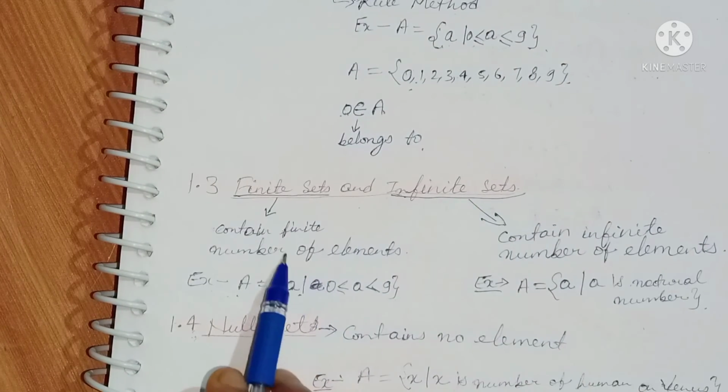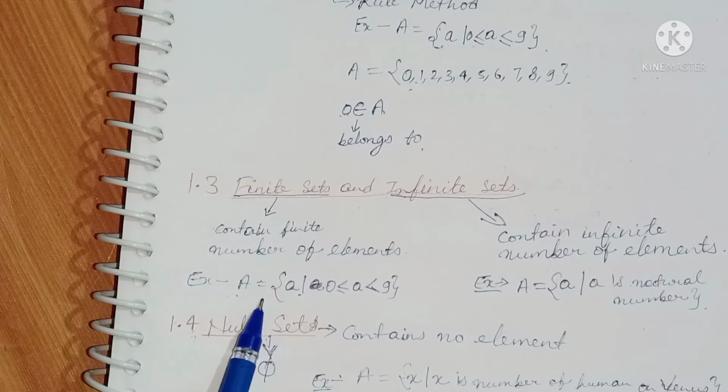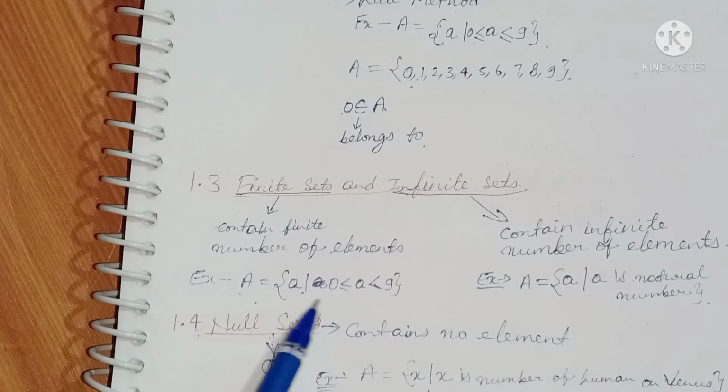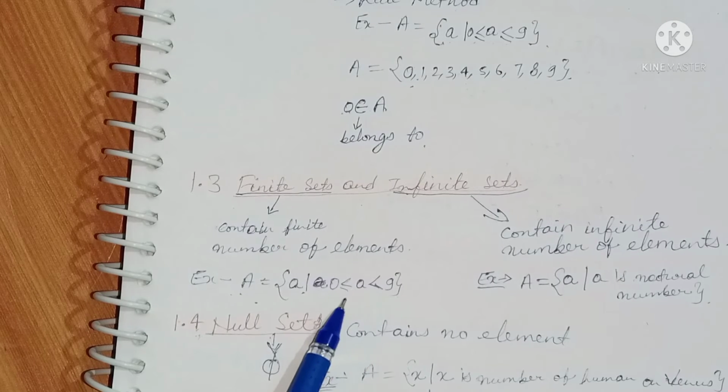Now next, finite and infinite sets. A finite set contains a finite number of elements. For example, A equals A greater than or equal to 0 and less than 9. It means the number of elements is fixed, just from 0 to 8, because A is less than 9. If such properties are there, then we write like this.